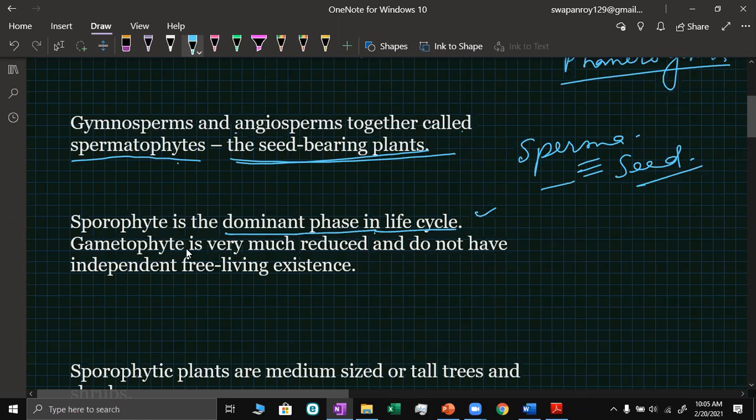The gametophyte is very much reduced and doesn't have an independent free living existence. They are retained on the mother sporophytic plant.